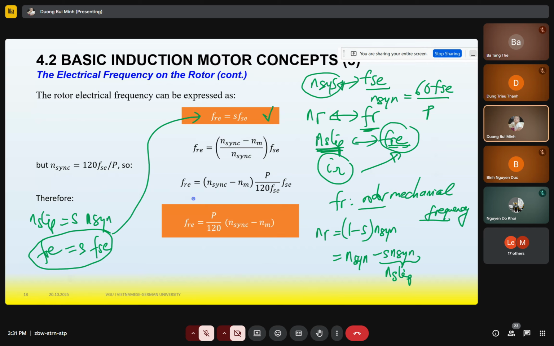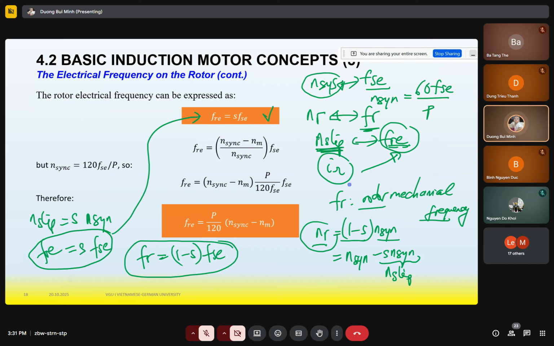So we have FR. N rotor is (1 minus S) times N sync, and NR is equivalent to FR. N sync is equivalent to FSE. When we calculate rotor electrical frequency, this is S times FSE.